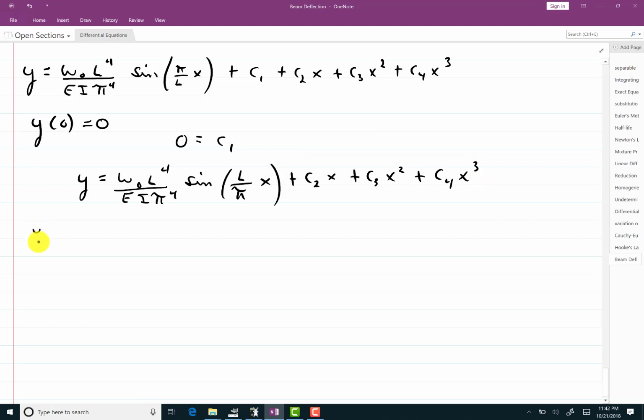Another boundary condition that we had was y prime of 0 equals 0. So let me take the derivative of this and replace x with 0. Y prime will equal, well, you can just follow up the chain that we had before.